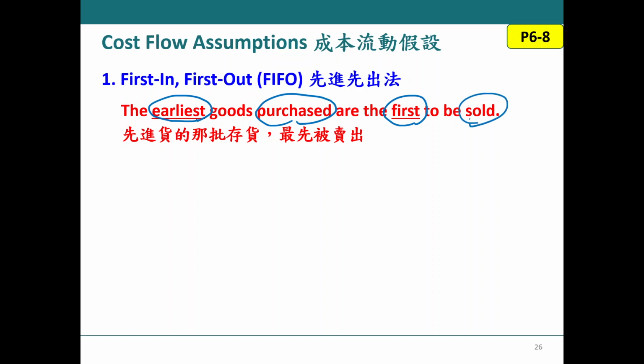That's why first in, first out. First in your company, first out to customer. We assume the first purchase will be sold first.